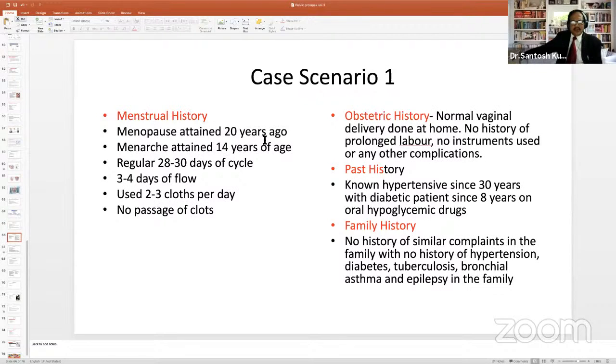History of menopause 20 years back. No other problem. Obstetrical history: normal vaginal delivery, no history of prolonged labor, no instrument used. She is hypertensive for the past 30 years, diabetic for the last 8 years. No family history of similar complaint.